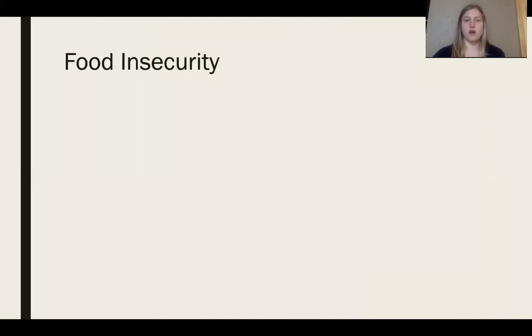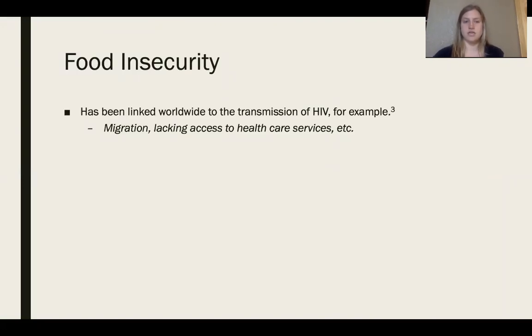Well, if you have food insecurity, typically you're not going to have the adequate amount of nutrition. You may not have access to those food groups that may provide certain types of nutrients for healing. And so it's shown that food insecurity has been linked worldwide to the transmission of HIV.